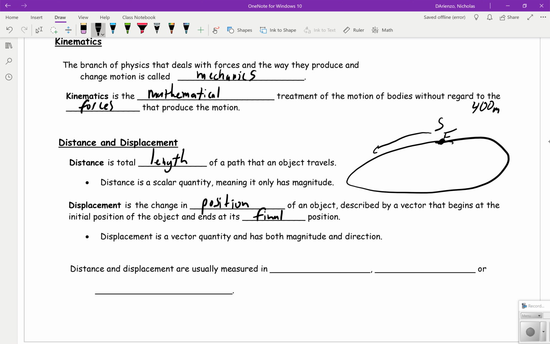Feel free to pause the video at any time like this and try and answer the question that I'm posing. Well, if we start in the same spot that we finish, our displacement is 0. Whereas our distance, and yes, these are represented by the same variable, our distance would be 400 meters. I traveled 400 meters. That's the total length that I traveled. But my displacement, the change in position from where I started to where I ended, was 0. I ended in the same spot that I started in.